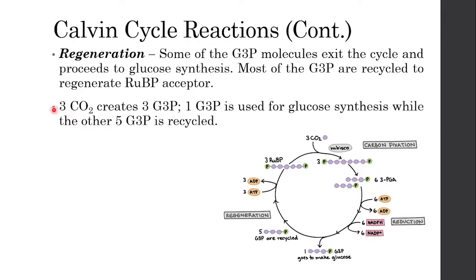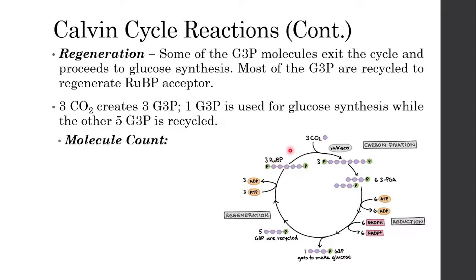So in the end, 3 carbon dioxide creates 3 G3P. 1 G3P is used for glucose synthesis, while the 5 other G3P are recycled to create the RuBP. So the G3P uses 3 ATPs to recreate 3 RuBP.